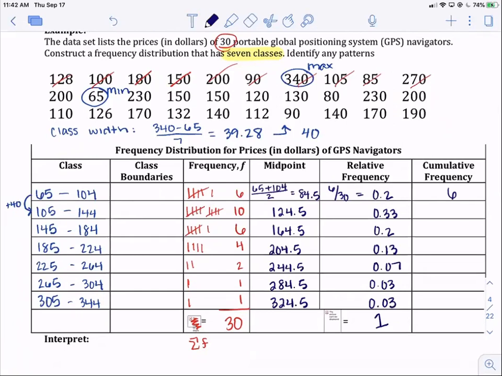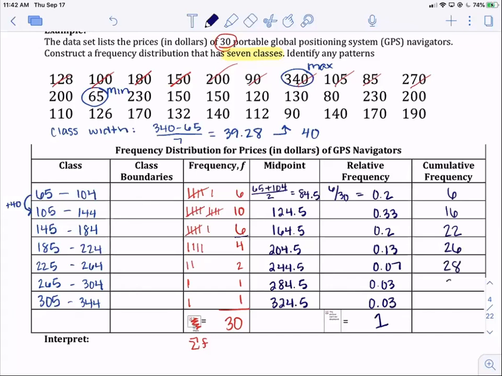So 6 plus 10 is 16. And then keep adding in. So now we're going to add in the 6, which gives us 22. 22 plus 4 is 26. 26 plus 2 is 28.